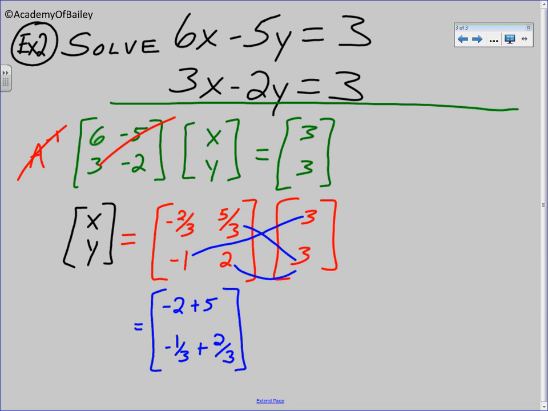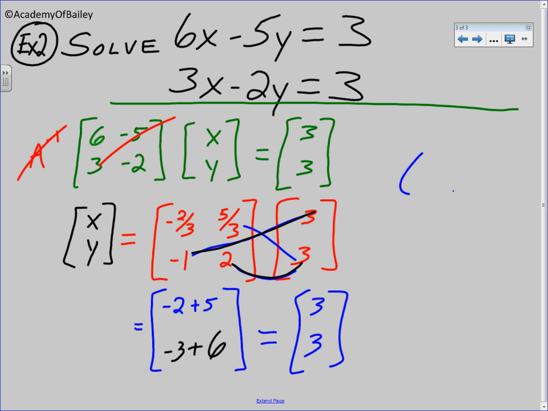I'm getting in a hurry there. Because I had fractions on top, I imagined I had fractions on bottom, but I really don't. Let's try this again. Negative 1 times 3 is negative 3. And 2 times 3 should be 6. Hey, there you go. I know my multiplication facts. On the top, negative 2 plus 5 should be 3. On the bottom, negative 3 plus 6 should also be 3.